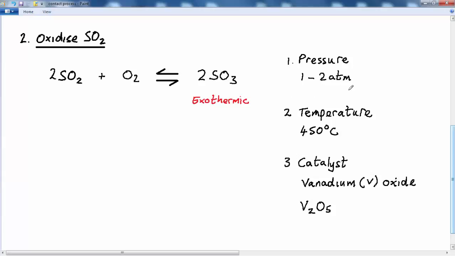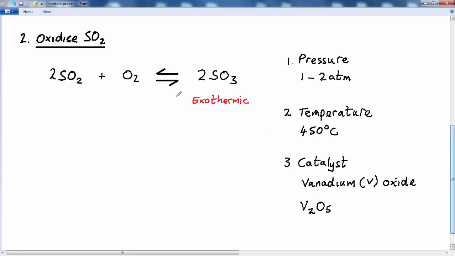Okay, so just to summarize this, to favor the yield of sulfur trioxide in this reaction, we're going to increase the pressure, but not by too much. Typically around about 2 atmospheres, no more than that, because even at this relatively low pressure we're going to get quite a high yield of sulfur trioxide. The temperature is going to be moderate, around about 450 degrees Celsius.